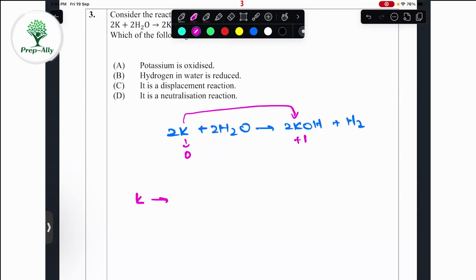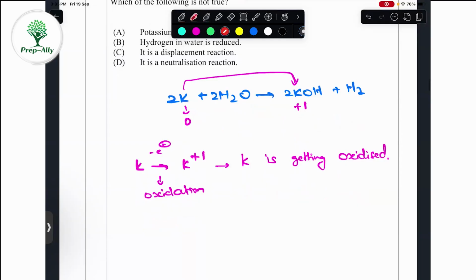So K to K plus 1, which means I am removing one electron. So I can call this oxidation, or I can say K is getting oxidized. K is nothing but potassium.